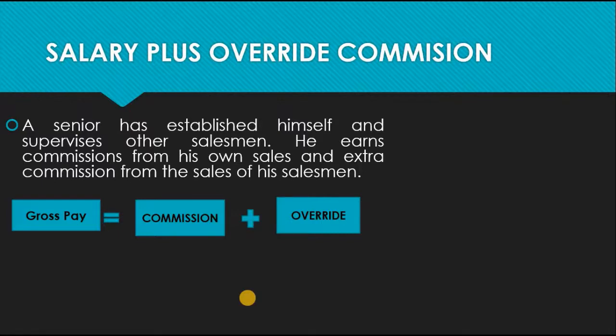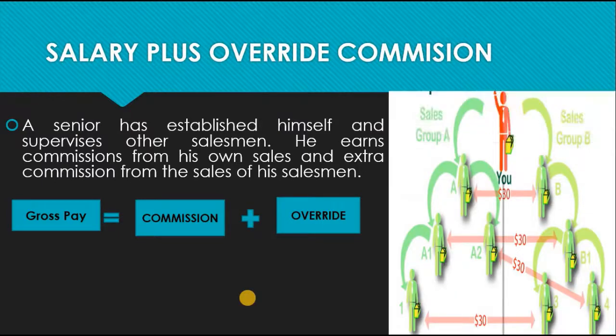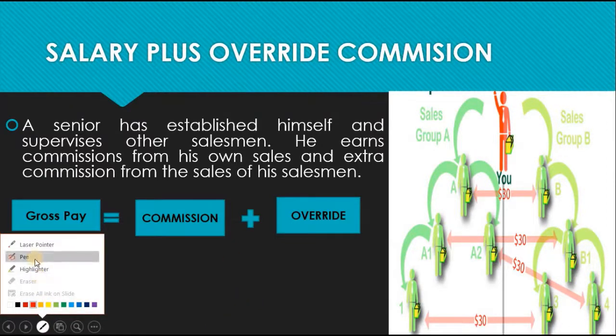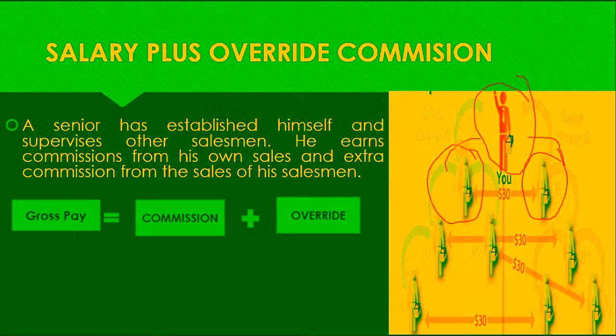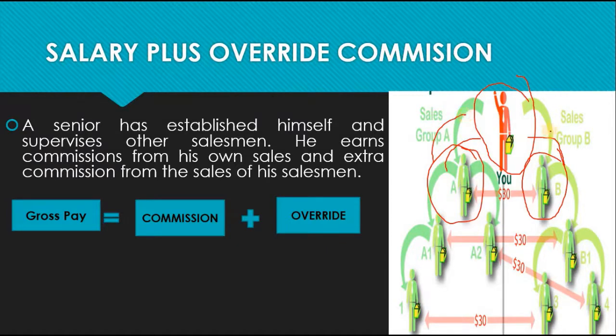In short, to understand the override commission, look at this image at your right side. Meaning, if this is you as a senior sales agent and you have other sales agents selling, whatever sales that your other salesmen sold will go back to you, meaning you have another commission for that one.